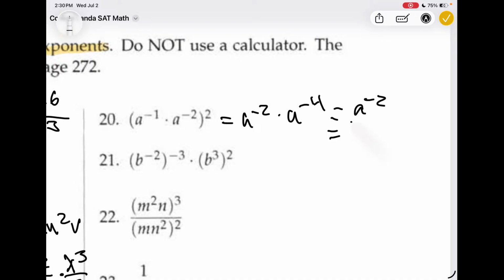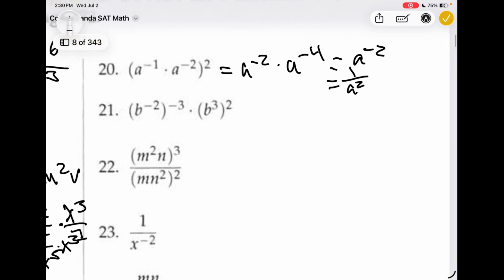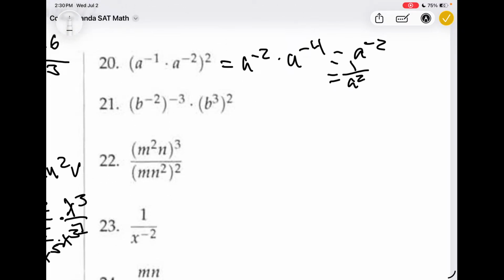Then that equals 1 over a squared. Then we got b to the negative third, times b to the 3 to the second.